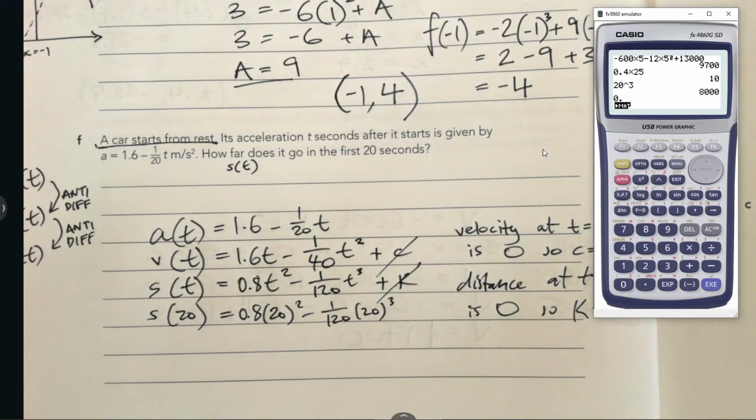0.8 times 20 squared minus, oh, you gotta be a little bit careful with these ones. 1 divided by, oh, it doesn't actually do division. Oh, I'm worried now. No, it should be fine.